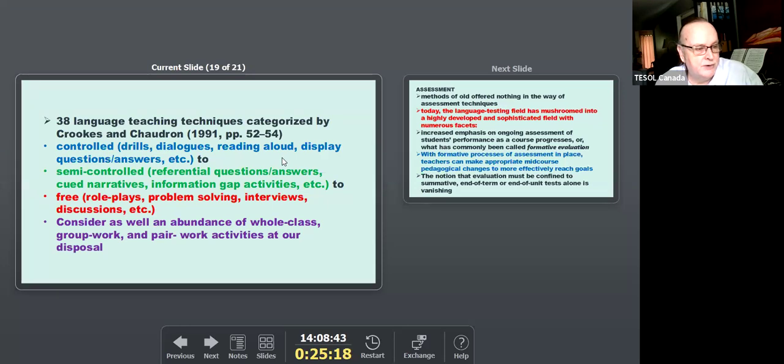There were controlled techniques such as drills, dialogues, reading aloud, display questions and answers, etc., through to semi-controlled, being referential questions, answers, cued narratives, information gap activities, etc., to free techniques such as role plays, problem solving, interviews, discussions, etc. Consider as well an abundance of whole class, group work and pair work activities that we have at our disposal.